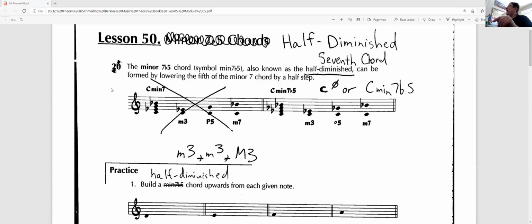You're going to see that in jazz notation and pop notation a lot to mean this chord. For the purposes of our class, we're going to do it like this. You're going to see C diminished, and then usually you see a 7 after that, as I left that out. So C diminished 7, and then the little slash through the circle means half diminished. So C half diminished, and there should be a 7 after that.